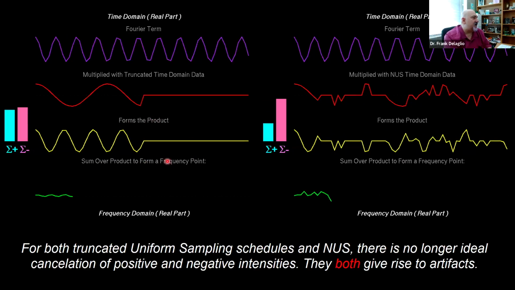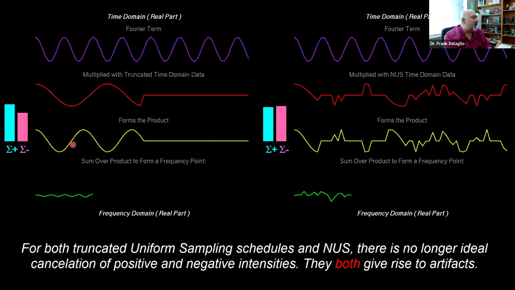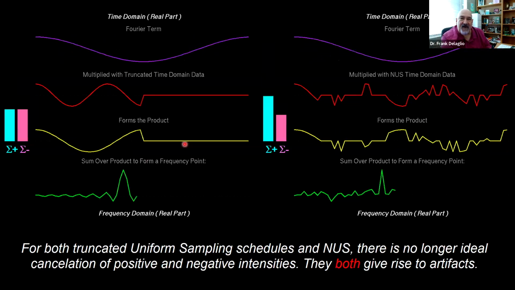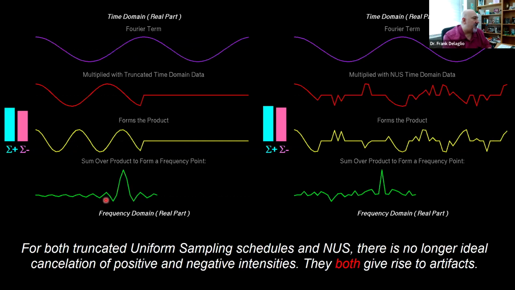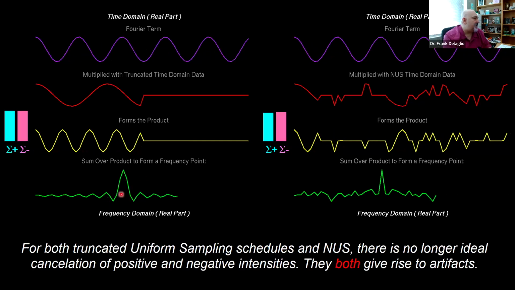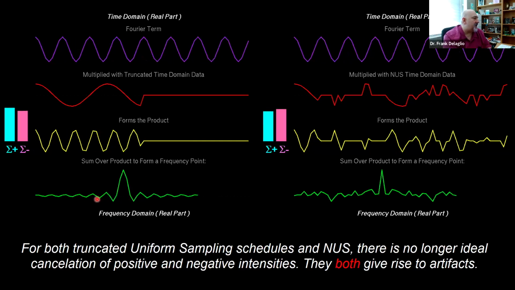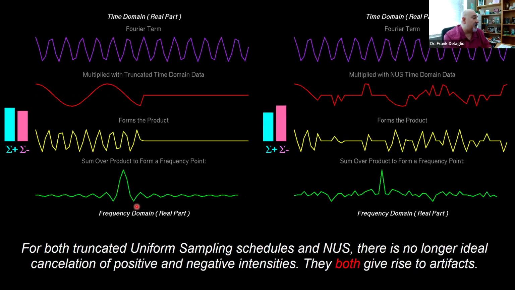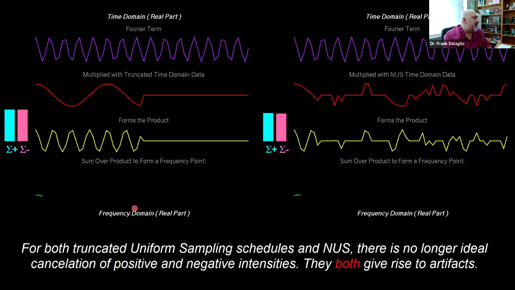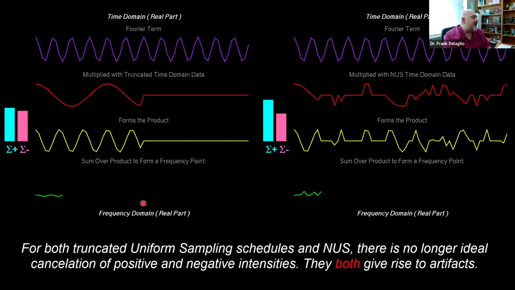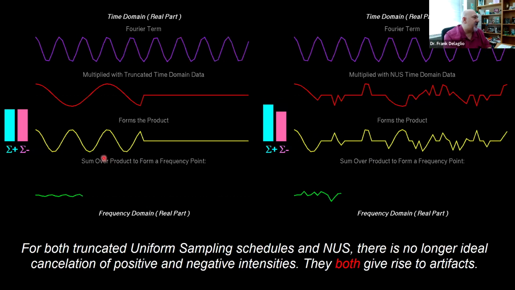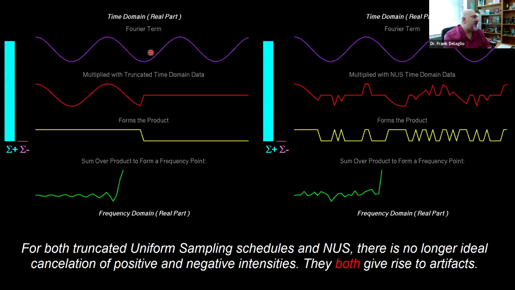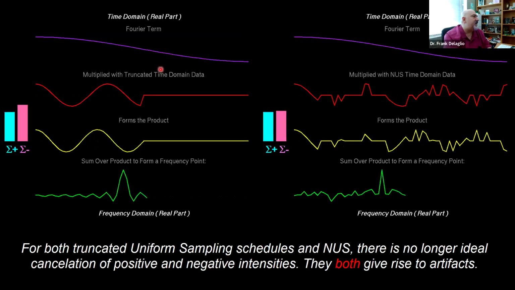Because the product is truncated, when we add up all the points, there's no longer perfect cancellation between the positive parts and the negative parts. So we get a spectrum that has these artifacts, and also the signals are artificially broad. And the artifacts oscillate, and the reason that they oscillate is because sometimes the truncation will fall in the middle of a particular sine wave.